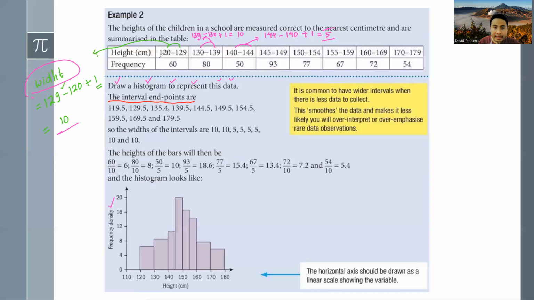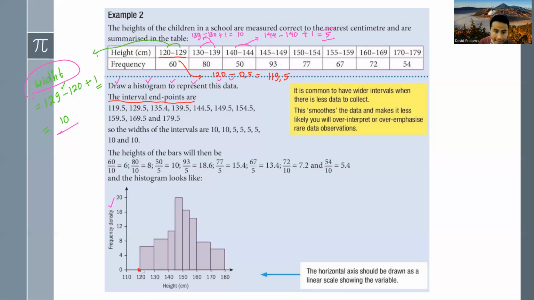This is the example, 120 to 129. What is this? The lower limit. For 120, the lower boundary, you subtract 0.5. So we will have 119.5. This is the lower boundary, and you put it in this place.